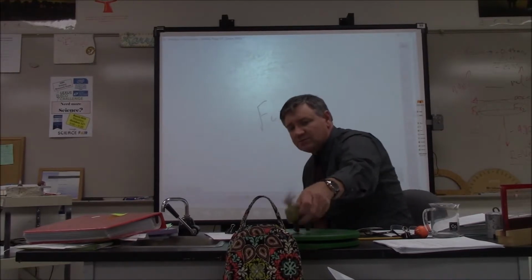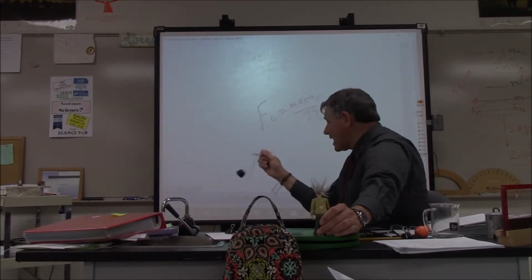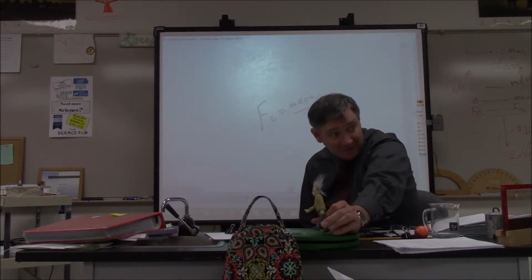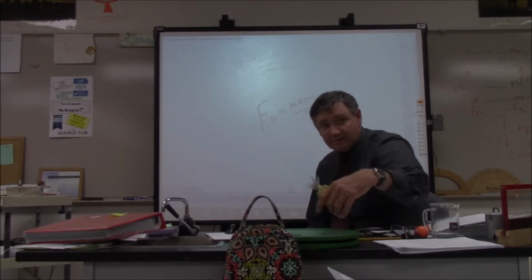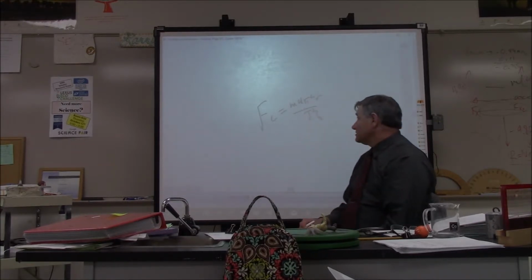As Al moves further to the outside of the edge, what happens to the value of T? Nothing. It stays the exact same because no matter where Al is, it takes the same amount of time to go around that circle.